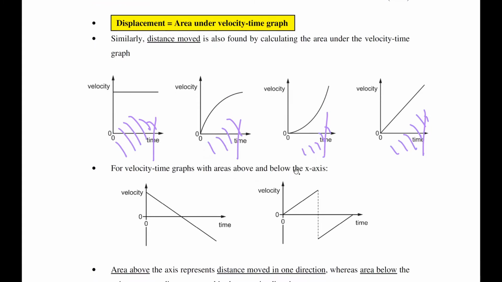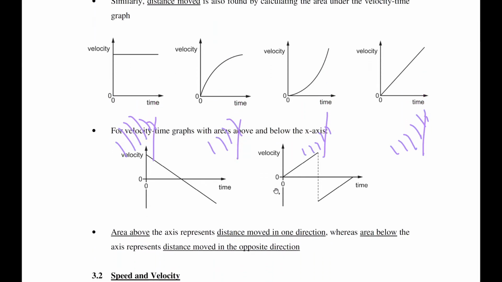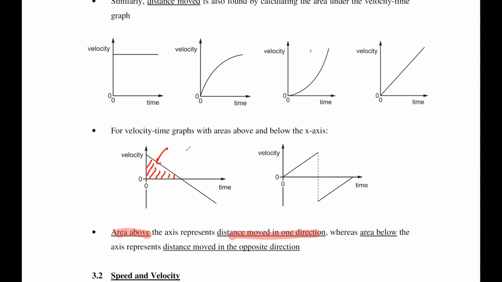All right. There are some cases where you will notice that your velocity time graph has values above your x-axis as well as below your x-axis. Now, in that case, the area under the graph will actually represent two different things. Okay. So if, say, you have area above your x-axis, it will represent distance moved in one direction.